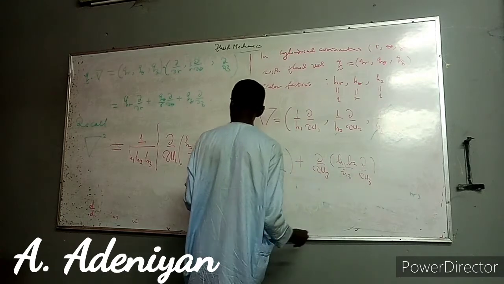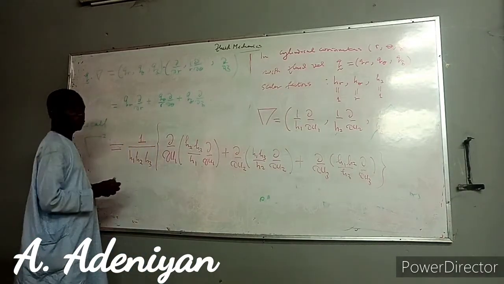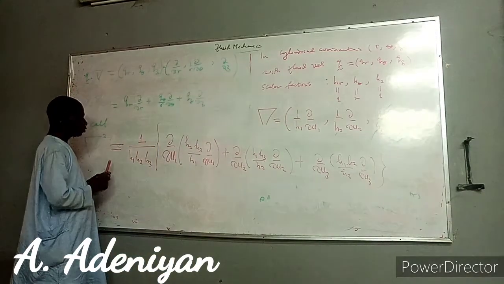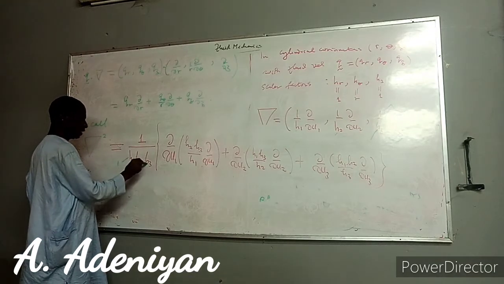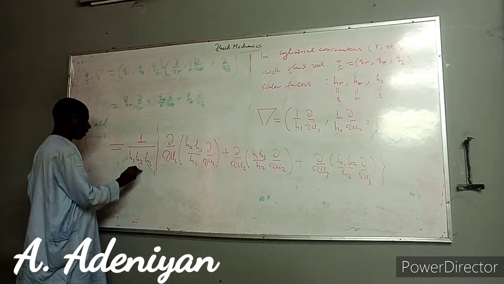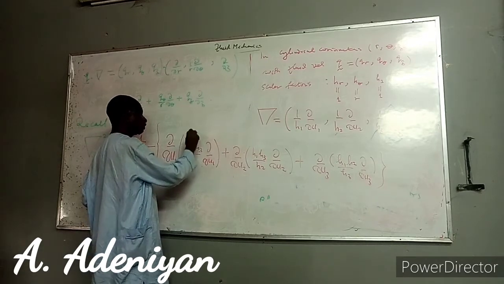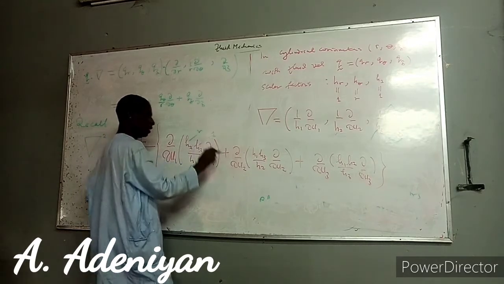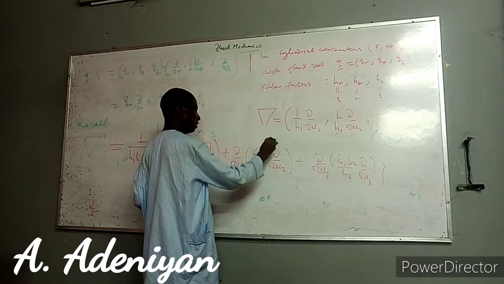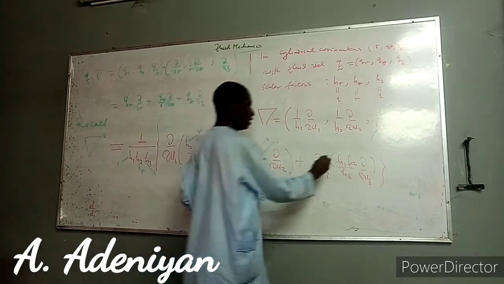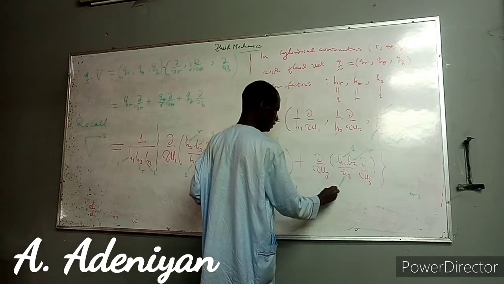So in the cylindrical coordinate system, if we substitute for our h's, h1 is 1, h2 is r, and h3 is 1.